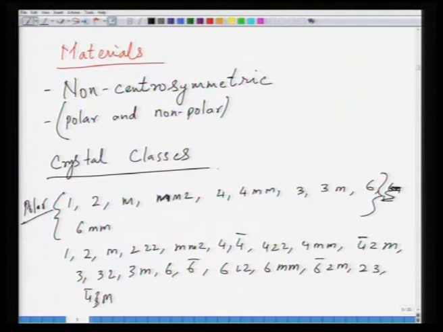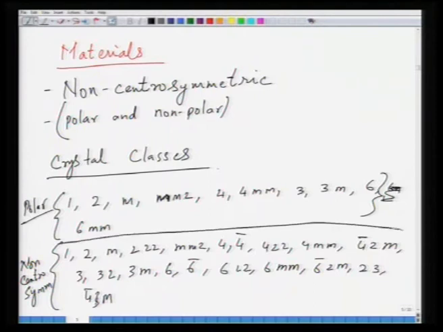So, you can count the polar groups, which are 1, 2, 3, 4, 5, 6, 7, 8, 9, 10. 10 are polar, and all these 10 are included in these classes which are written below. So, these are all non-centrosymmetric, so these are all piezoelectric in nature.